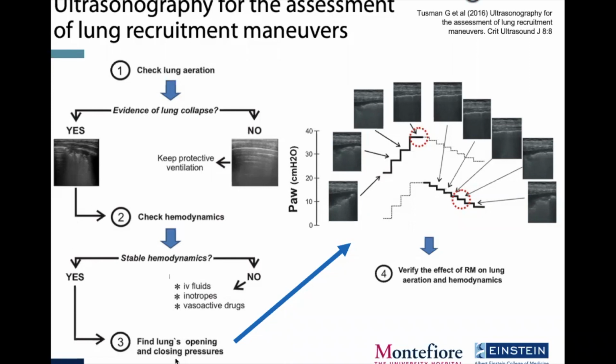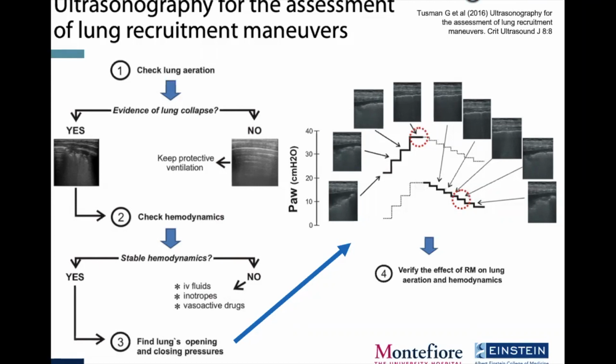And then in step 3, this is where we really get into the recruitment part. We use a stepwise increase in airway pressure, and real-time ultrasound is used to detect the plateau pressure at which point dependent lung collapse disappears. This is the top circle here, defined as the opening pressure, at which point the lung collapse is no longer there.